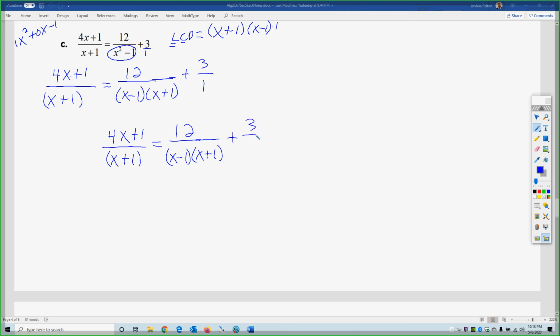Plus 3 over 1, x plus 1, x minus 1. Okay, so in this side, we'll multiply by the x plus 1, x minus 1. Oh, I did parentheses. I should have done brackets. It's a little less sloppy.